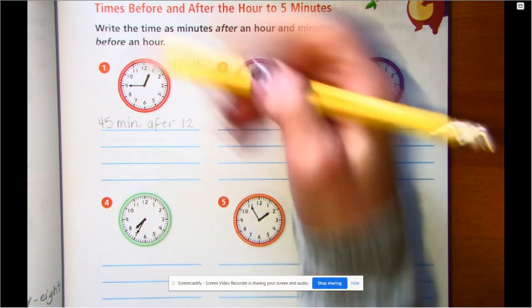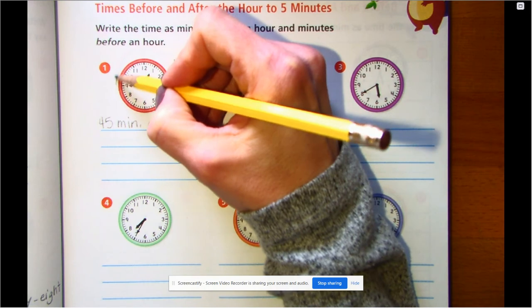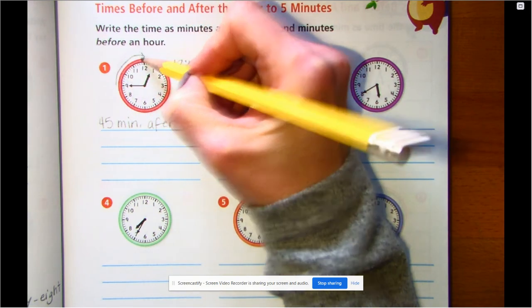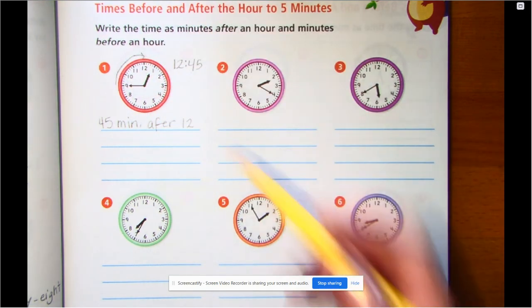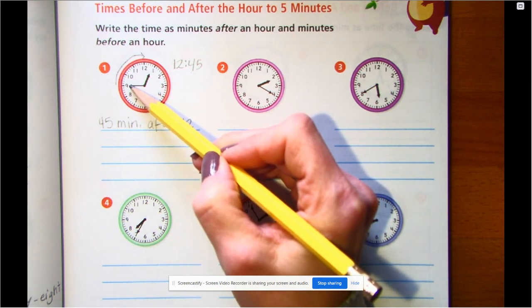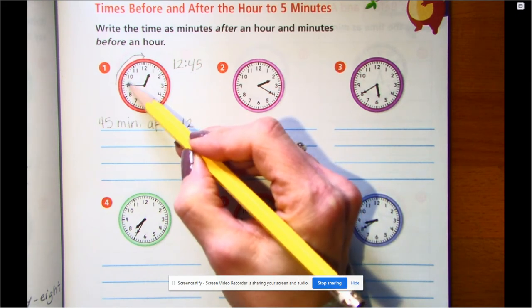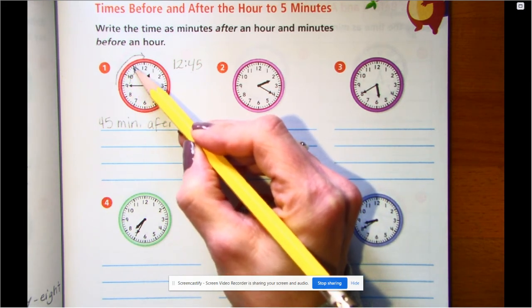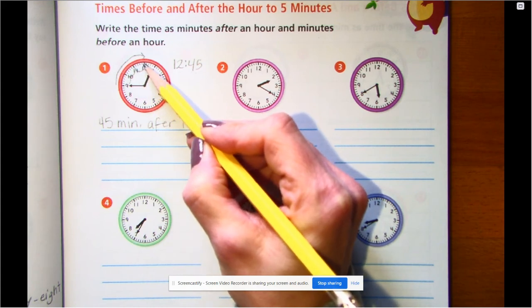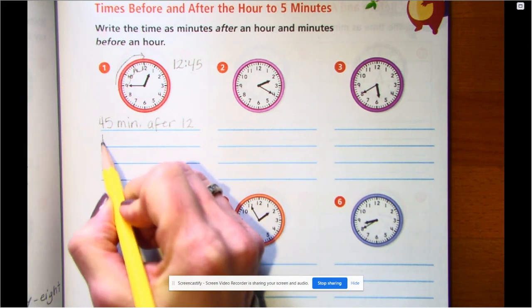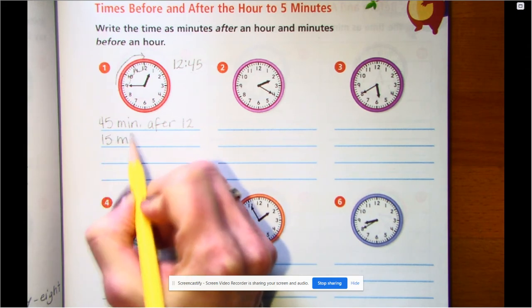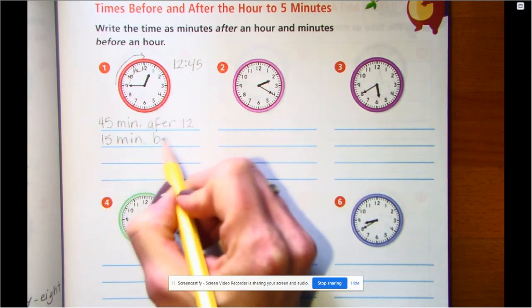Now, I still have all this time to go until the next hour. So I'm going to count the rest of my minutes. I've got 5 minutes, 10 minutes, 15 more minutes to go until the next hour. So I'm going to write down 15 minutes before.